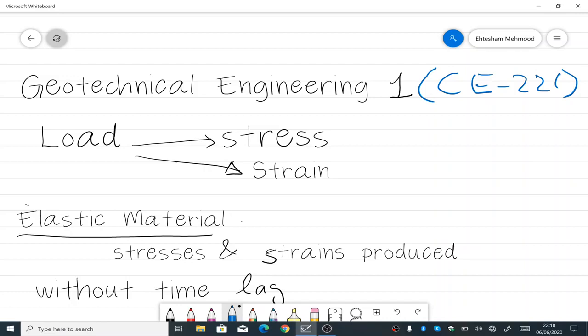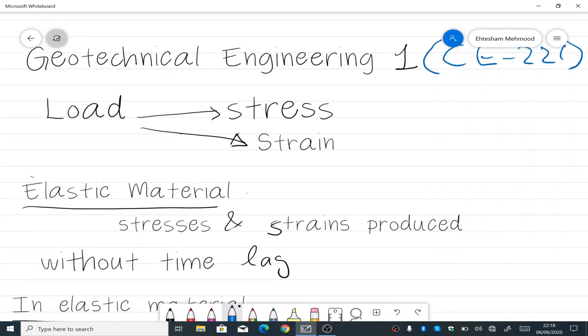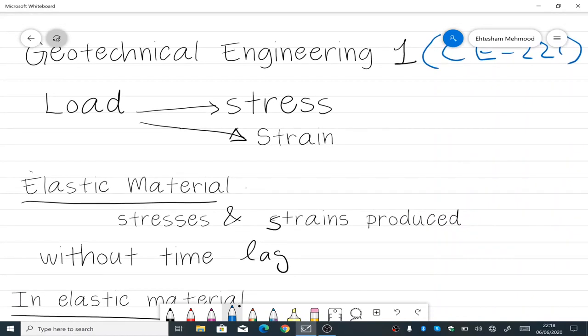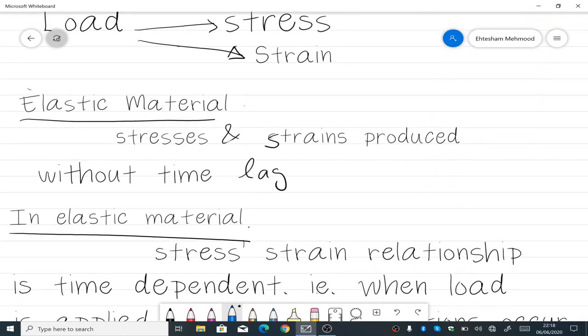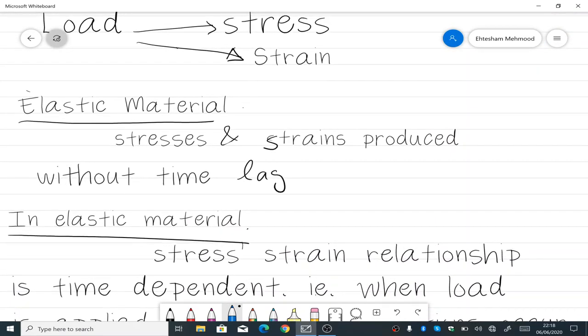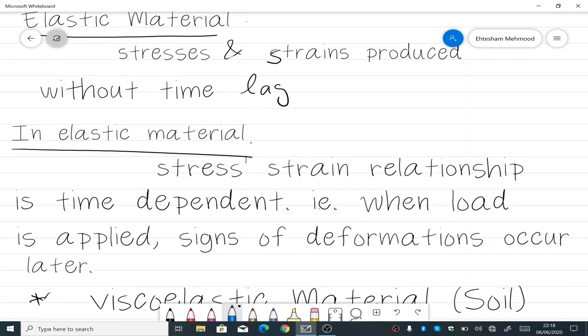We know that whenever load is applied on any body, stresses and strains are produced in that body. In elastic materials such as steel or rubber, stresses and strains are produced without any time lag. Whereas in inelastic materials, the stress-strain relationship is time dependent.